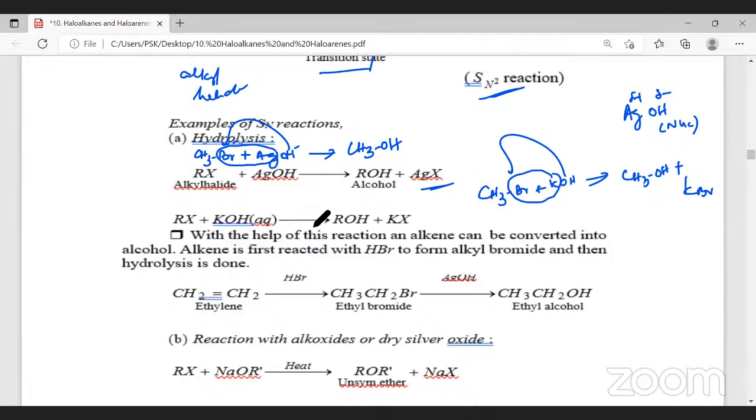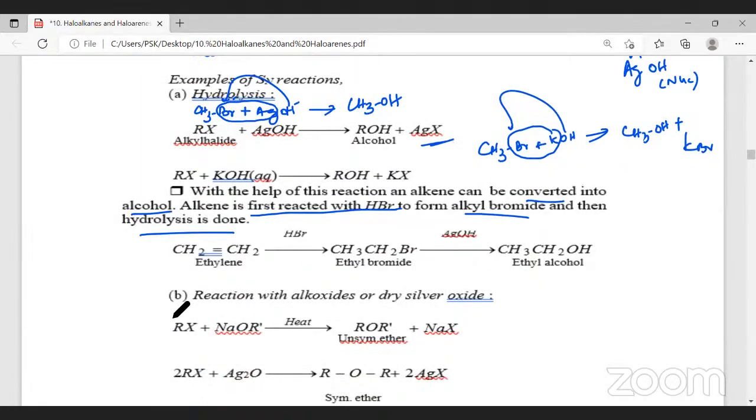Now, with the help of this reaction, an alkene can be converted into an alcohol. The alkene is first treated with HBr to form an alkyl bromide, and then hydrolysis is done. So the alkene is CH2=CH2. When this reacts with HBr, H attacks one carbon and Br attacks the other, so the pi bond breaks and you get CH3CH2Br, ethyl bromide.